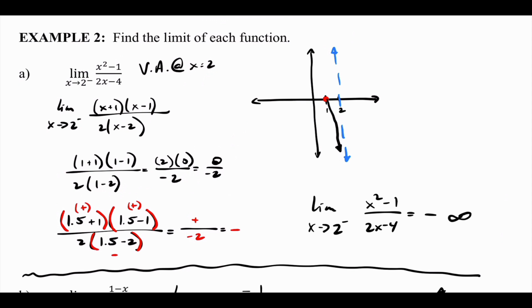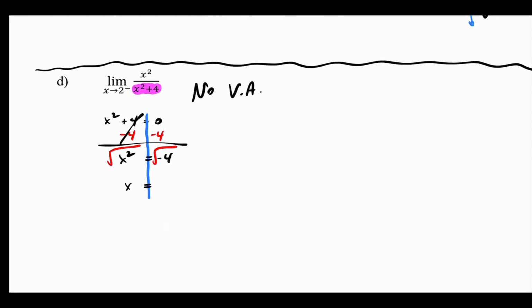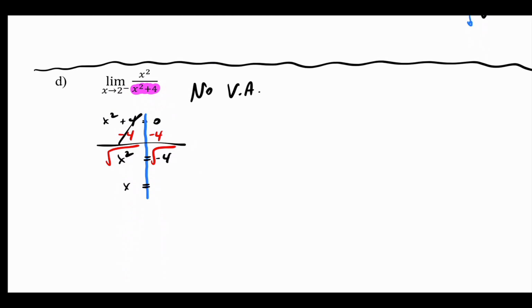Because I would get 0 on the bottom, right? Well, is that a concern with letter D? No. So just plug it in, right? That's the best way to do it. When you're doing limit problems, if you can plug in a number and get a number out, that's what you do every time.